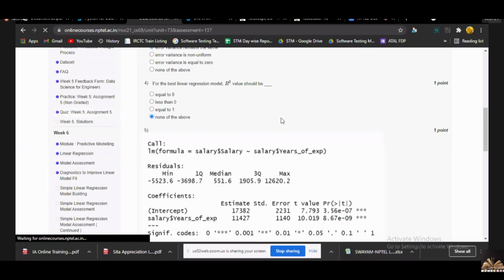I hope you are all able to view the screen. You are all able to view the screen, okay, fine. So we are going to see the week 5 assignment.